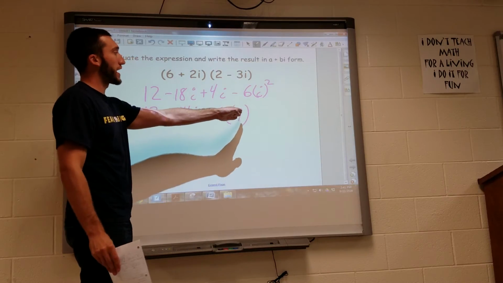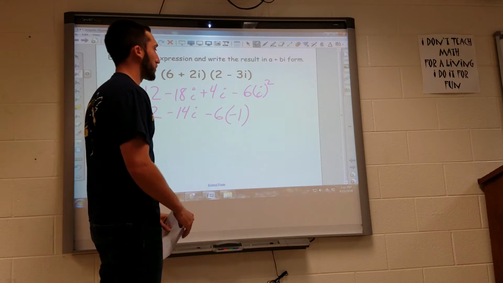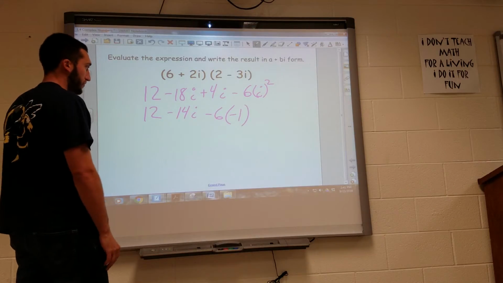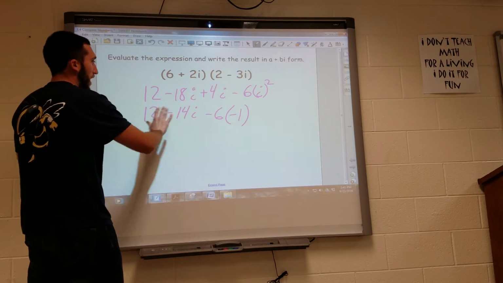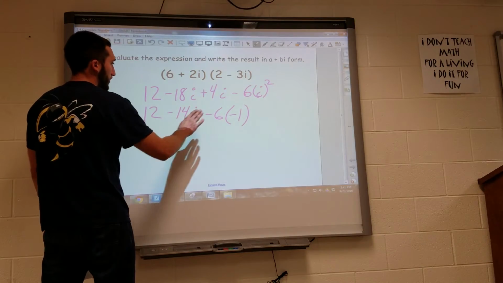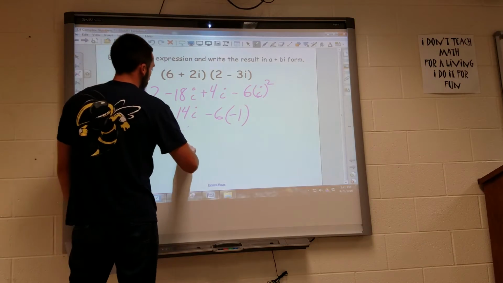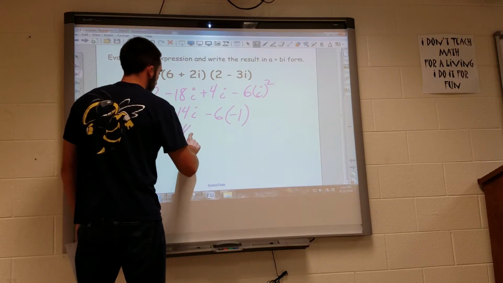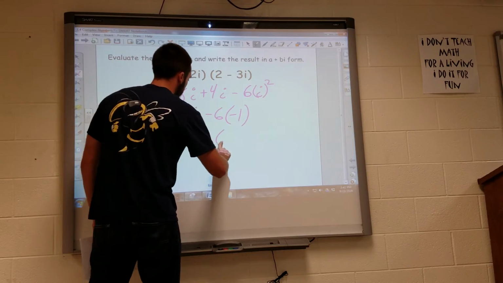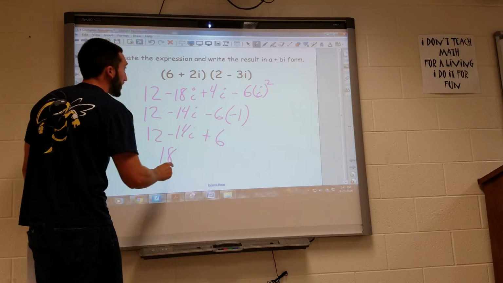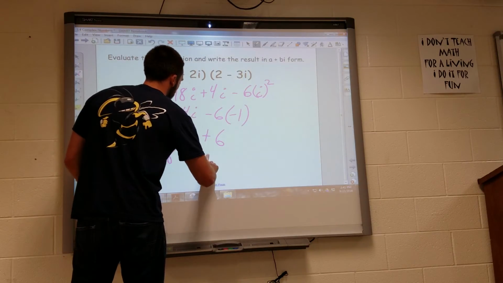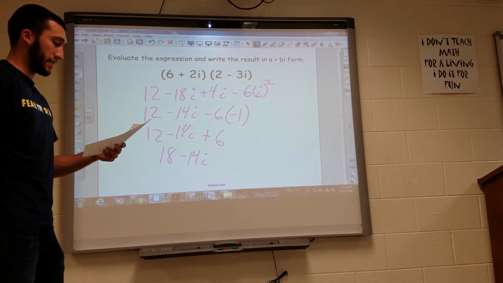Well, there'll be -1 and then different multiplicities of -1, and we'll get into other examples of that. But now we can simplify finally. This gives us 12 minus 14i plus 6. So our overall answer in a plus bi form is 18 minus 14i.